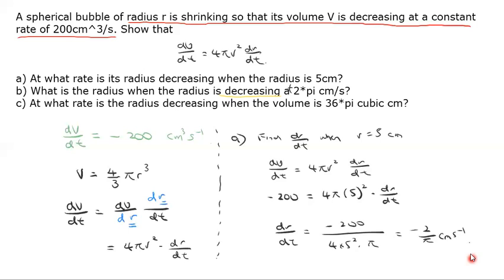So in mathematical terms, B is saying find r when dr/dt equals negative 2 pi, and centimeters per second is understood.